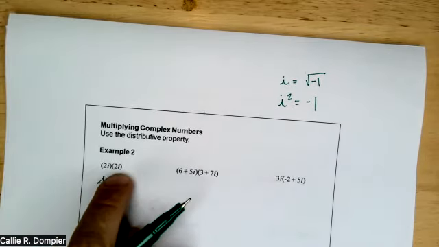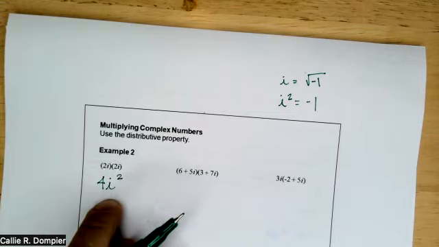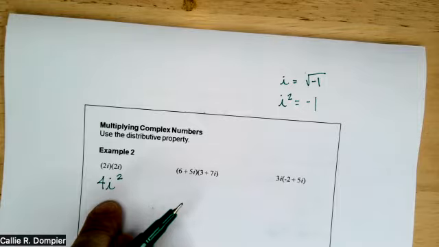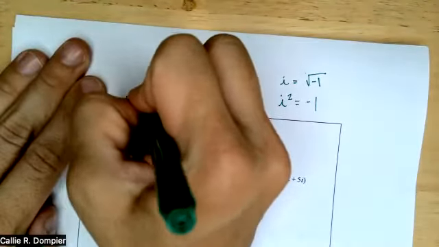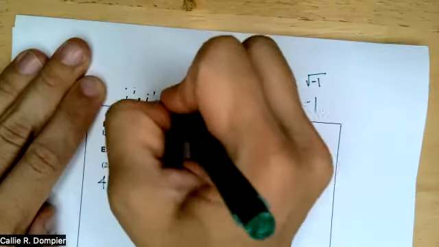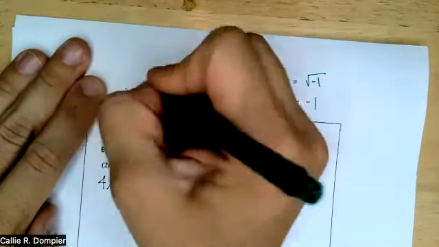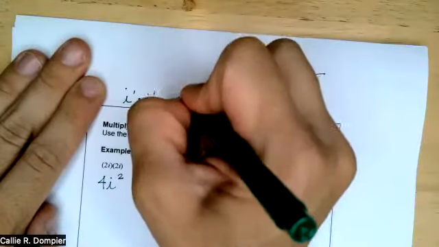Everybody okay with how I got i times i is i squared? The rule for exponents is that when you multiply, keep the base, add the exponents. So this was i to the first power times i to the first power. We keep the base, we add the exponents. 1 plus 1 is 2.